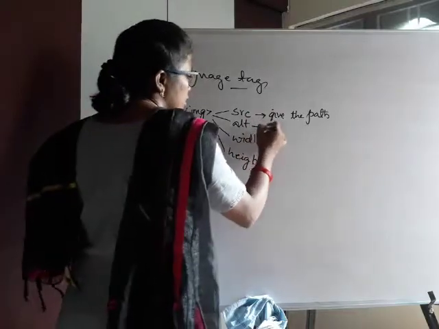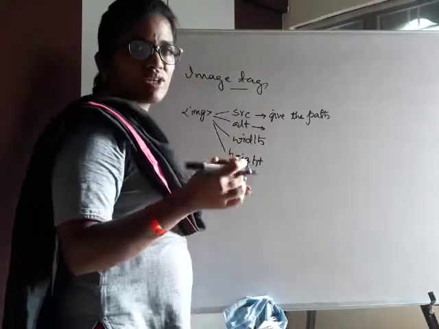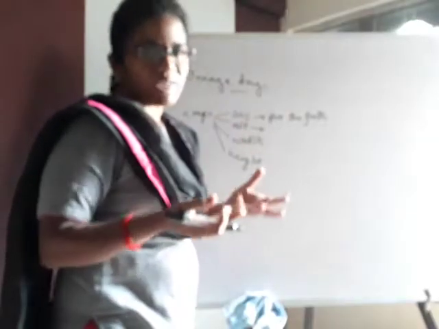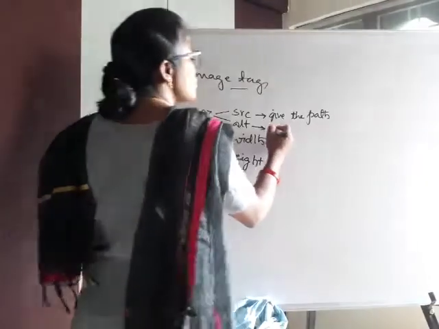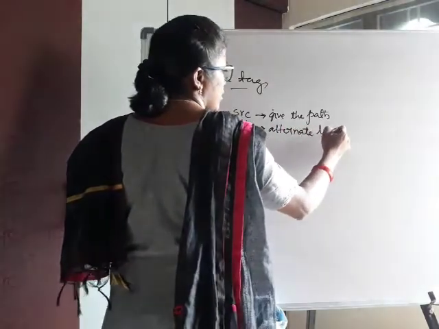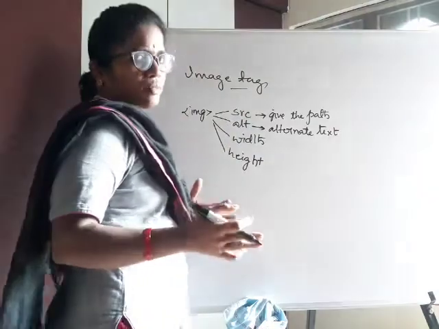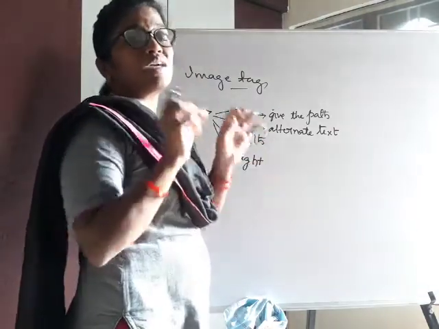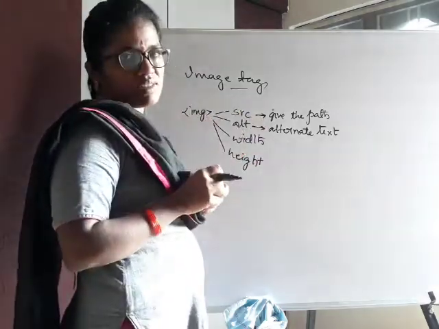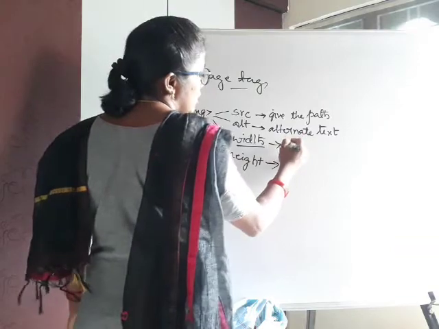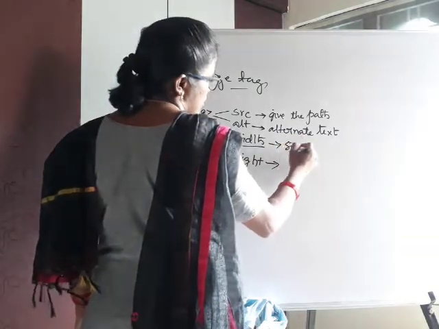And alt is an alternate text. In case of any trouble, if the image is not loaded, the alternate text will be shown in the space allotted for it. And width and height give the sizes.